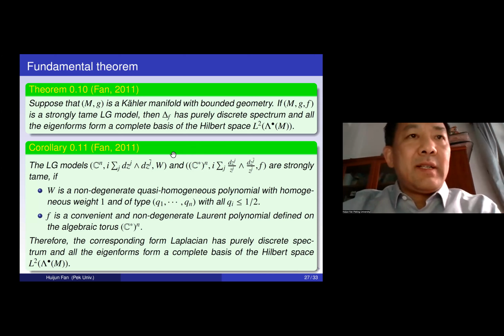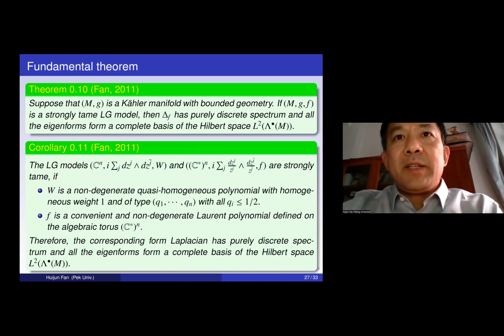So there is an important corollary. It says the LG models C^n with a non-degenerate quasi-homogeneous polynomial, and also the Laurent polynomial F defined on the algebraic torus with this metric, are strongly tame.